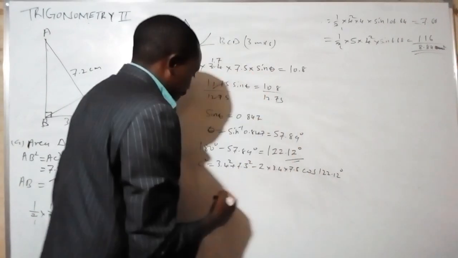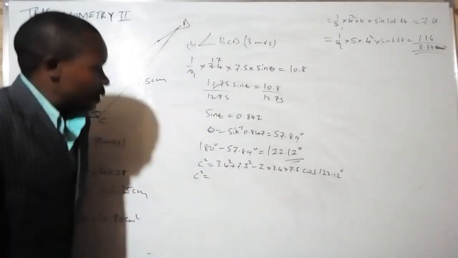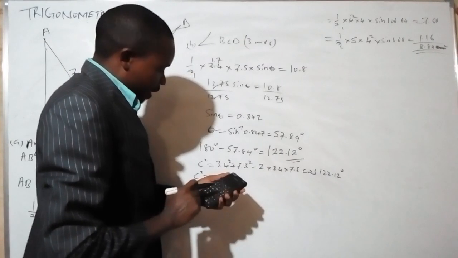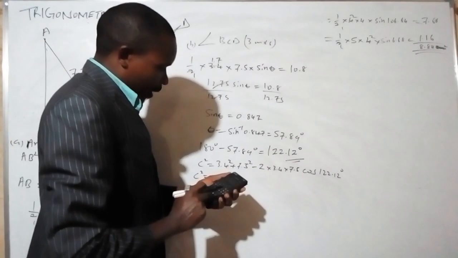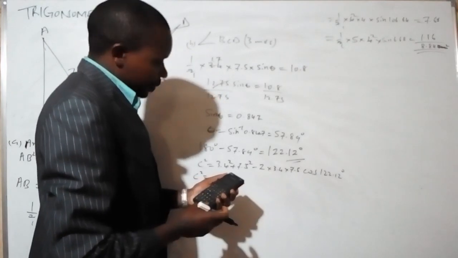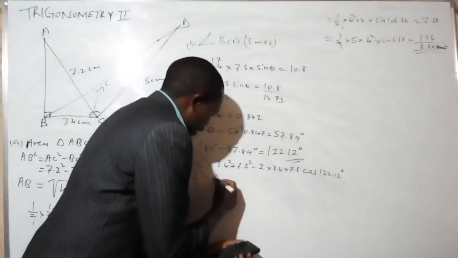I'm going to use a calculator for the whole of this. 3.4 squared plus 7.5 squared is 67.81.